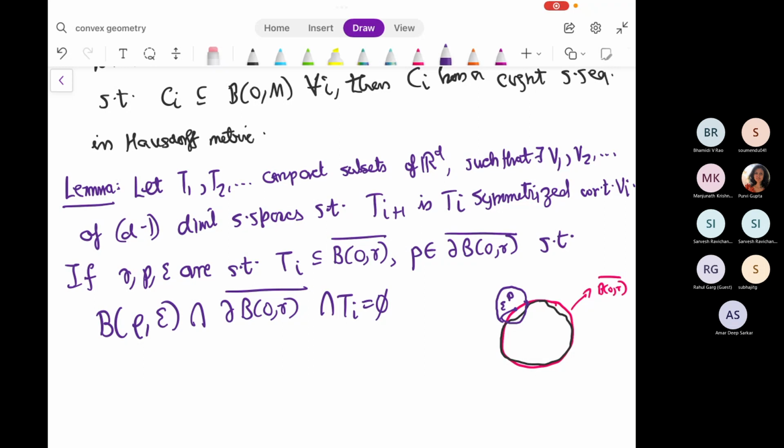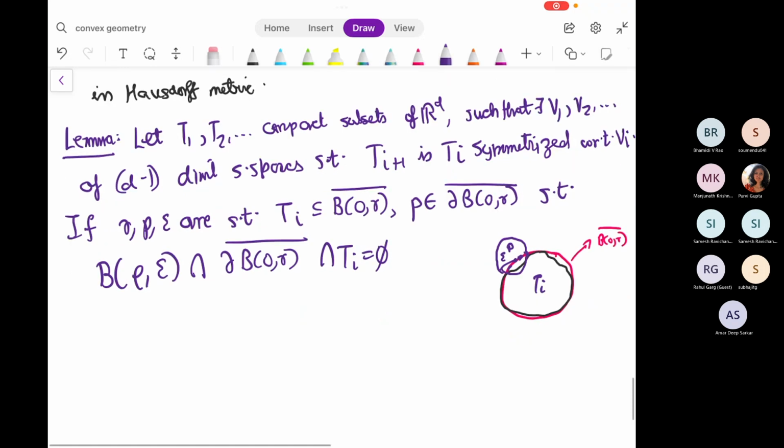So the ball of radius epsilon around P intersected with the boundary, so you look only at the boundary, isn't hitting T_i. And that isn't hitting T_i. So that condition has to be assumed.